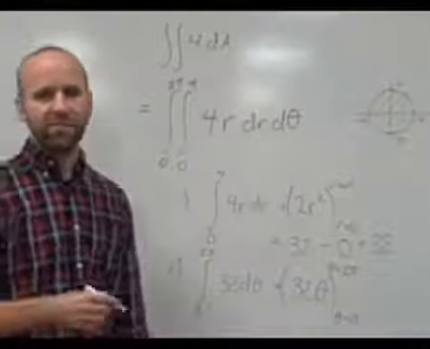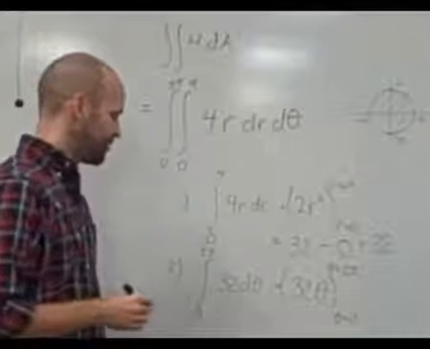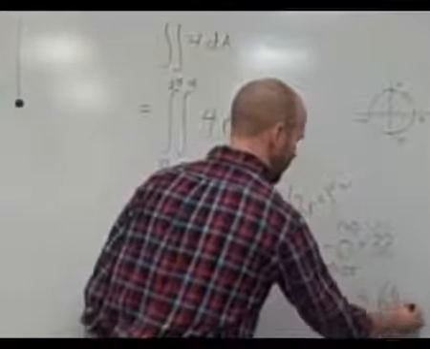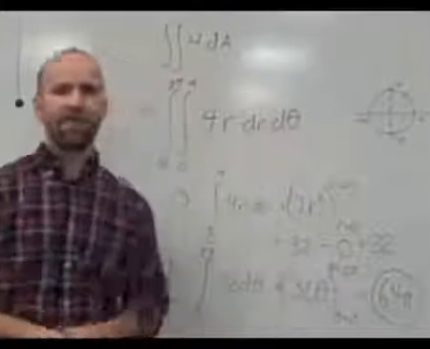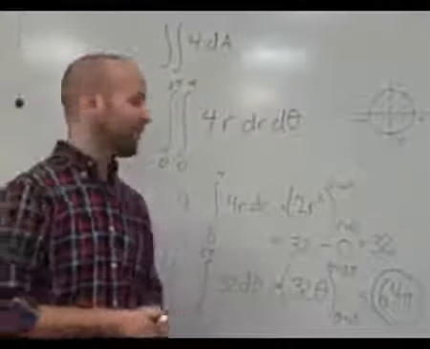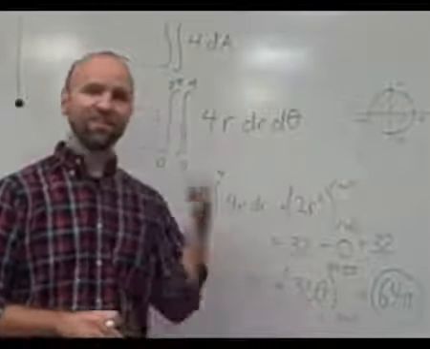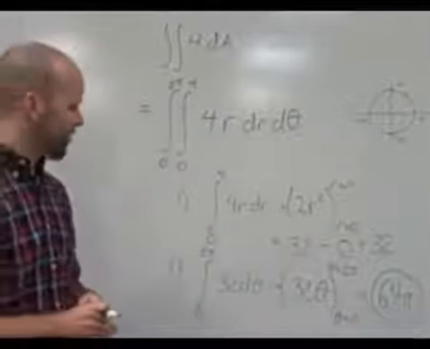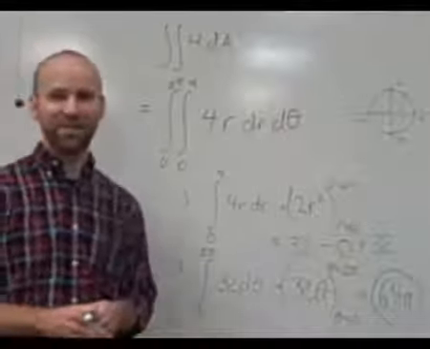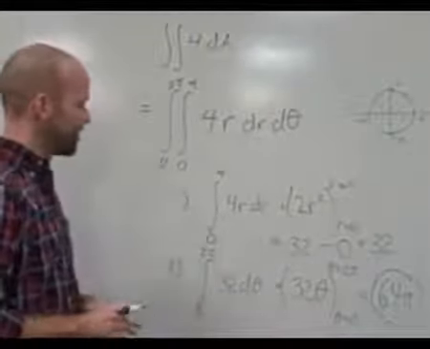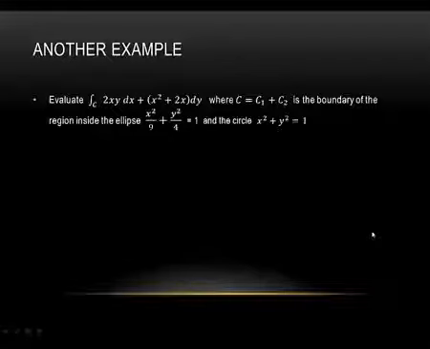And if I substitute 2 pi, I have 32 times 2 pi, which is 64 pi. Okay, if I substitute 0, I get 0. So notice, this is the same answer we got doing it the old way, but this, hopefully you see, is much, much, much easier. So there's definitely an advantage to applying Green's theorem in this situation.